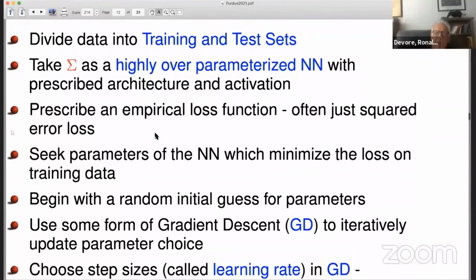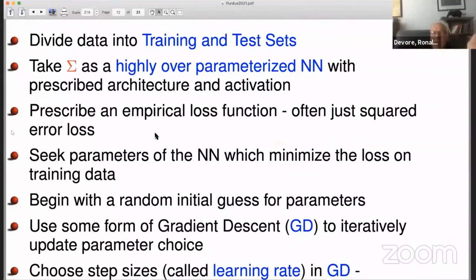It takes its data and it divides it into two sets, a training set and a test set. It takes, for sigma, remember I said you want a good space sigma to approximate your model class, it takes sigma as a highly overparameterized neural network. So it uses neural networks with a lot of parameters, many more parameters than the number of data.